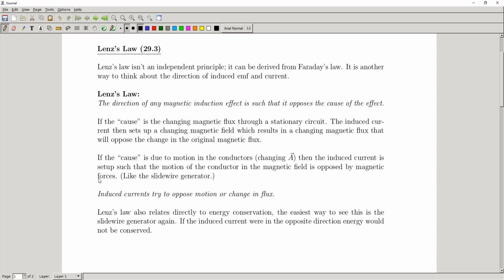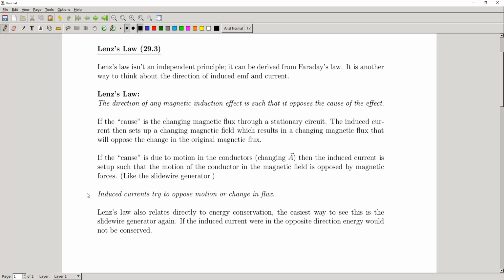We already saw this in the case of our slide wire generator, but I'm going to draw one below, and we're going to talk about that a little more. The takeaway message is this point right here, that induced currents try to oppose motion or change in our magnetic flux.